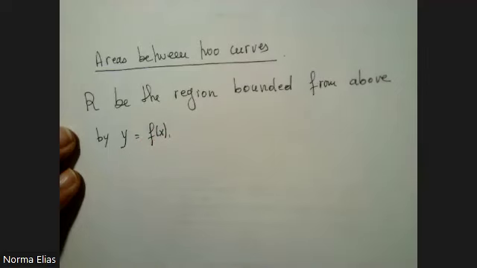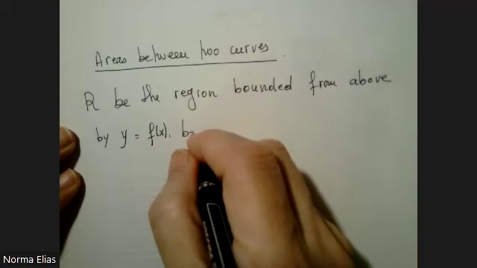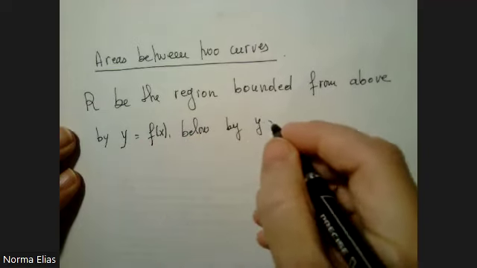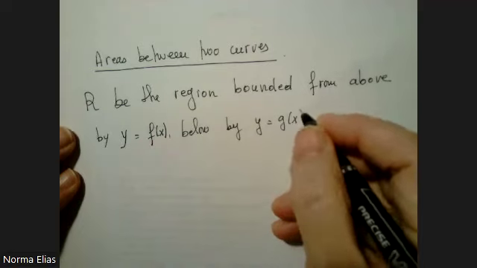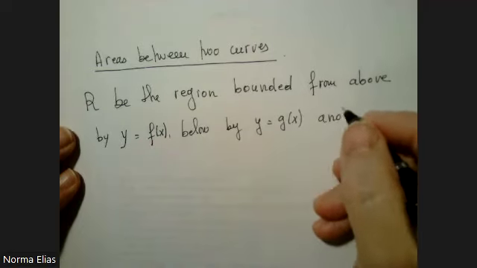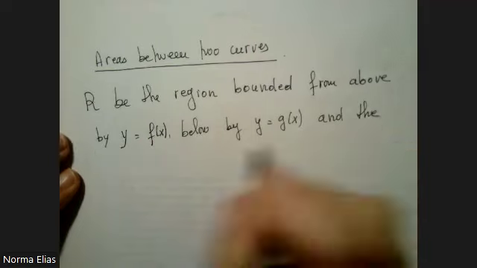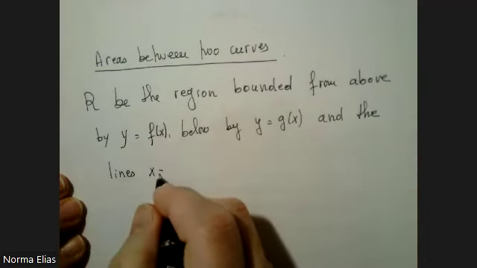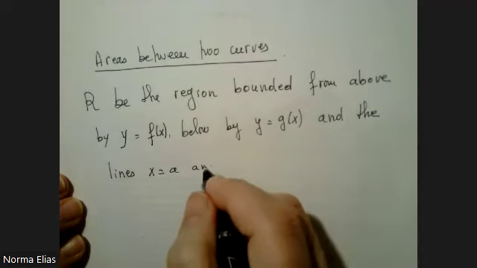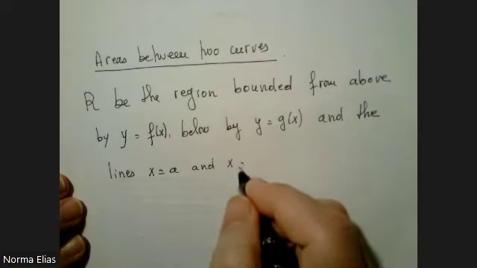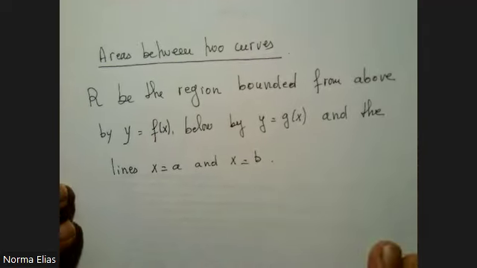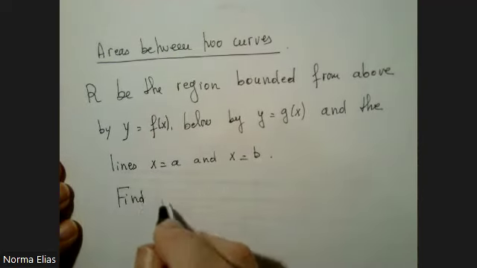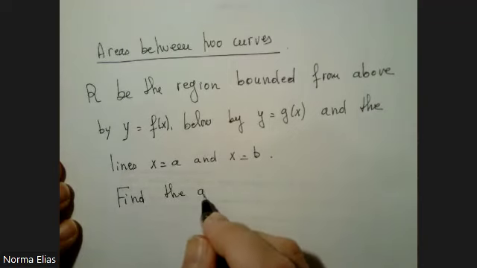So the top I have f of x, below by y equals g of x, and the lines x equals A and x equals B. The question is, find the area. That's our goal. Find the area of the region R.